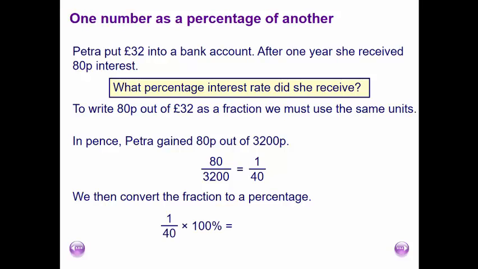We want a percentage. So we multiply that, as we've already seen, by 100, and of course we would do this on the calculator really. So 2.5%. 80 pence represents 2.5% of £32.